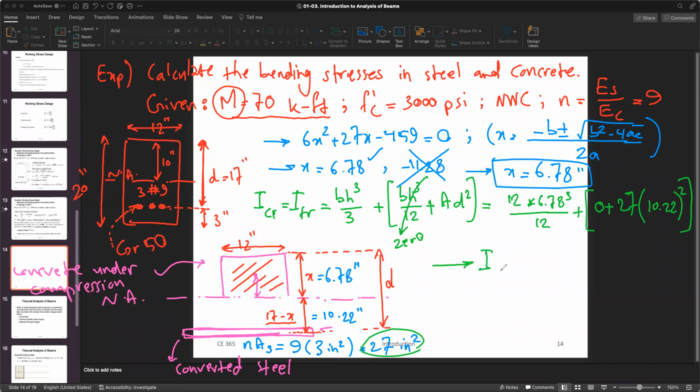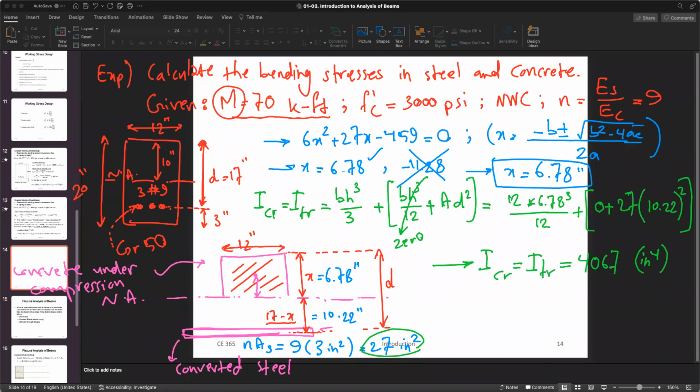So your cracked moment of inertia, shown this way to make you familiar with both, would be 4,067 inches to the fourth. This is the cracked moment of inertia.